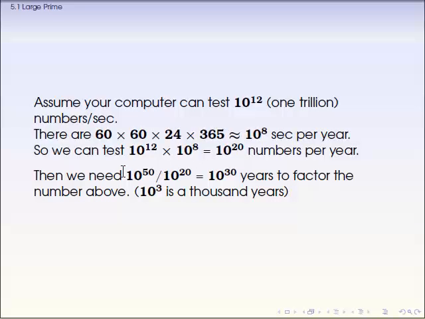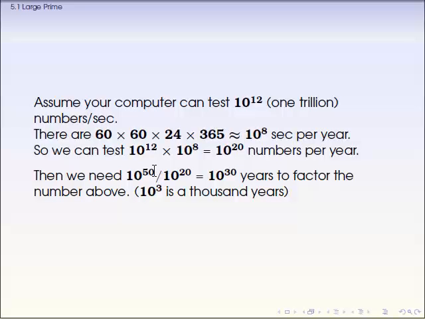Our number is 10 to the 100, but we already checked in the first chapter how to check if the given number is prime or not. We just try to divide that number up to the square root of that number, right? Of course, with the prime numbers within that.